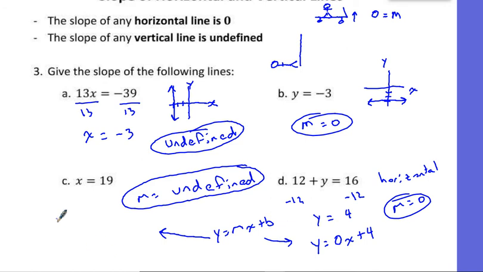First of all, there's no y, and therefore I can't even begin. 0y equals, there already is an equal sign with the x and the 19. It's impossible. You can't do it, which tells us the slope would be undefined. Those are a couple clues or things that might help you as you're trying to identify the slopes or whether the lines are vertical or horizontal.